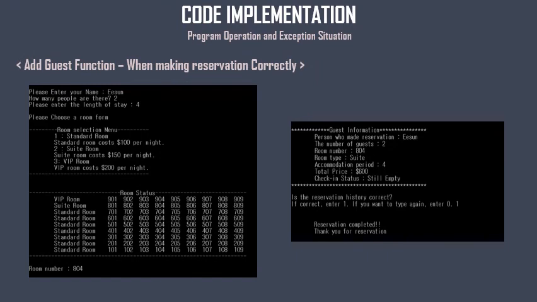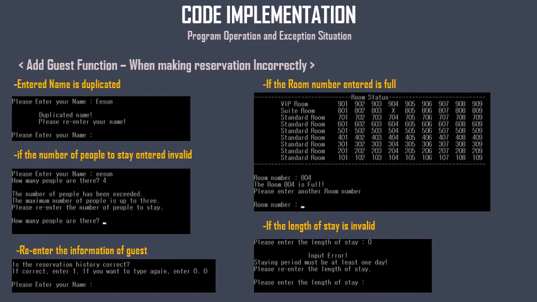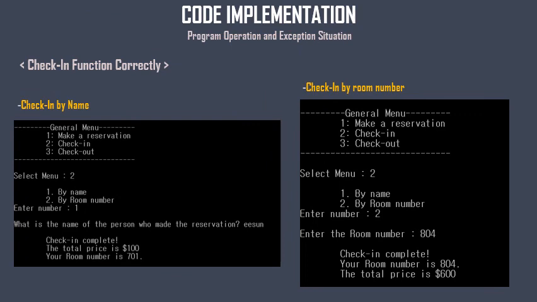I executed the code described above. The slide is an output of the right reservation. The slide is if it does not conform to the prescribed format. When checking correctly.